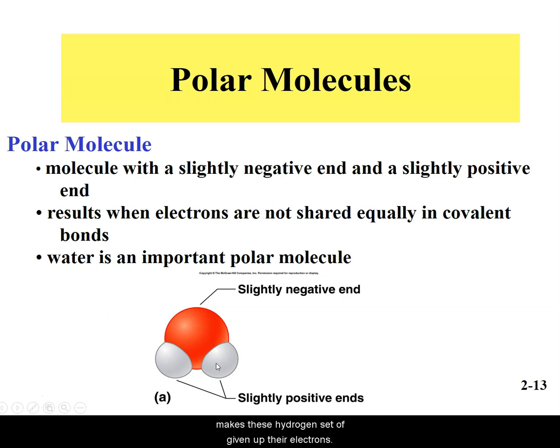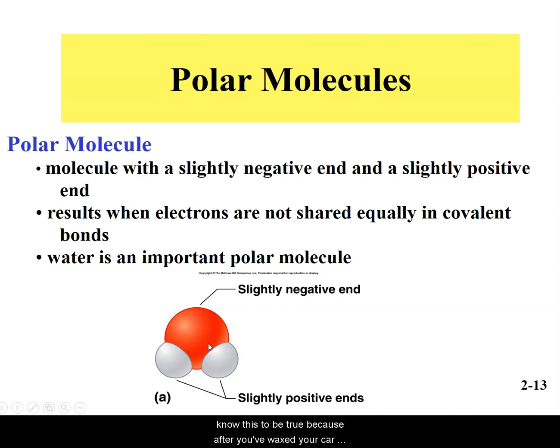So this makes these hydrogens that have given up their electrons slightly positive because they have that 1 proton in the nucleus, and the oxygen that's holding on to these extra electrons or negative charges has a slightly negative end.